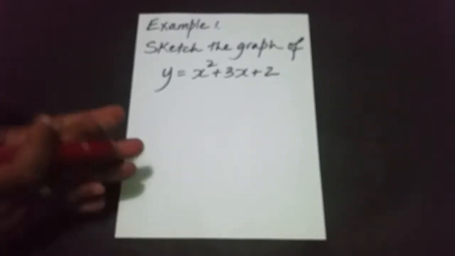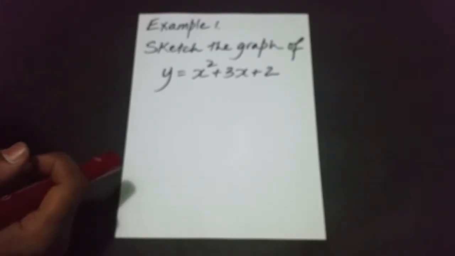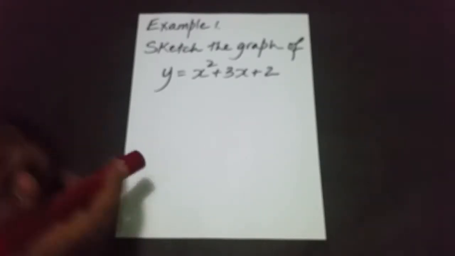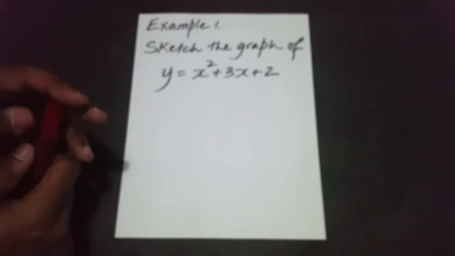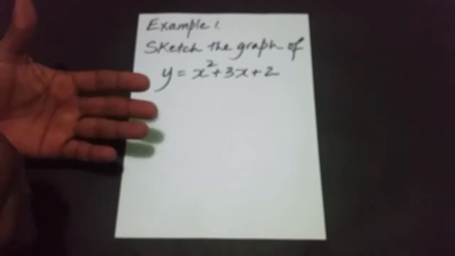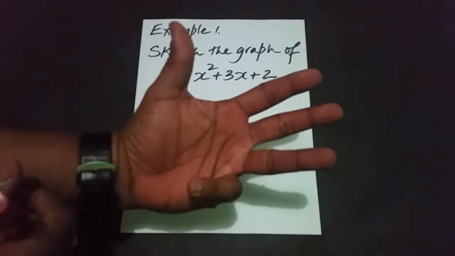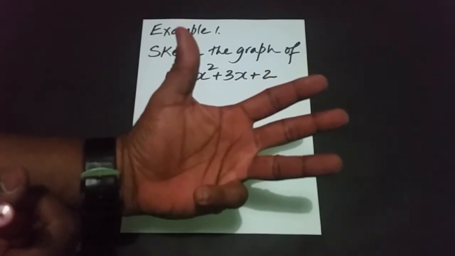And here we are looking at an example where we're asked to sketch the graph of y equals x squared plus 3x plus 2. Now remember, in order for us to sketch the graph of a quadratic equation, we need to know 5 things. We need to know whether it is a smile or a frown, and that is going to be the value of a, whether it's positive or negative.